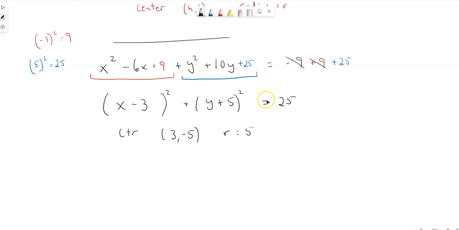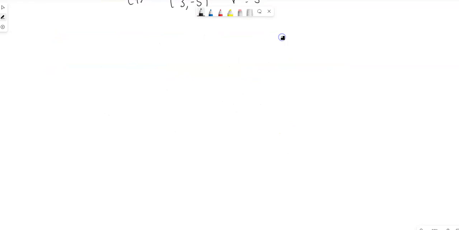All right, let's try the other two that were on the page. The second one was x squared plus y squared plus 8x minus 6y plus 9 equals 0. And boy, that looks like a mess. My first step is going to be to rearrange this a little bit so that I can complete the square.